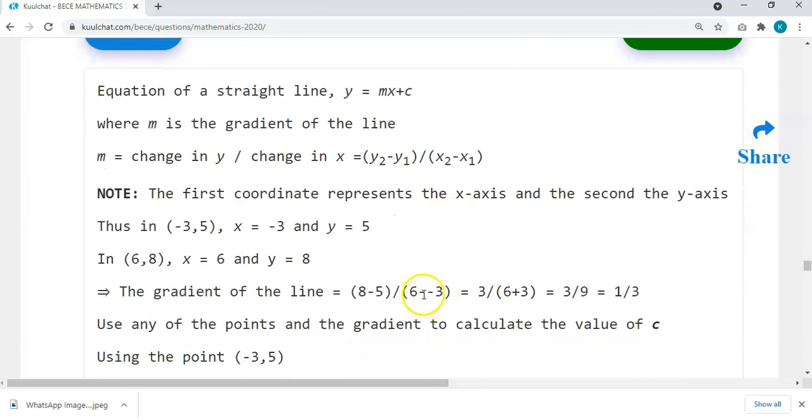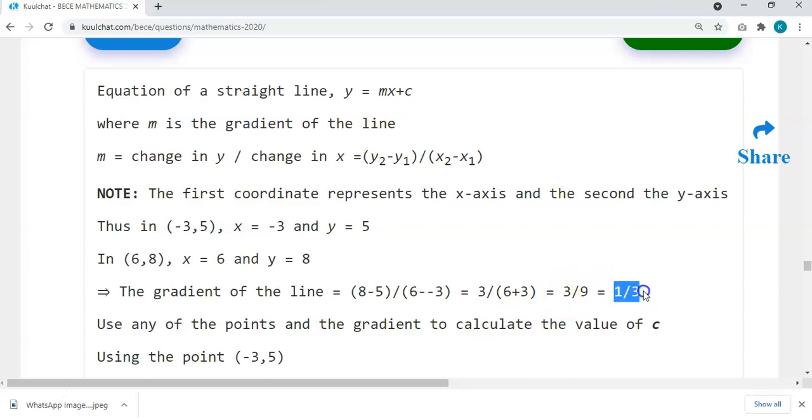Remember, minus this one is also negative, so minus -3. Then negative will give you positive. 8 minus 5 gives you 3. Now because of negative, you get 6 plus 3, which gives you 9. So 3 over 9, 3 goes here, 1 goes here, 3. So you get 1 over 3.